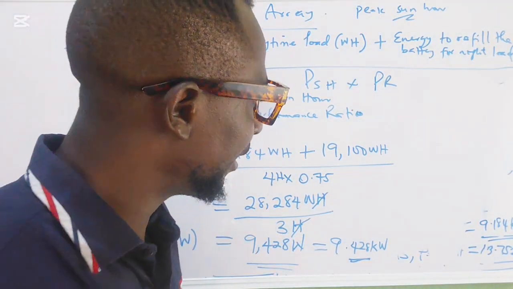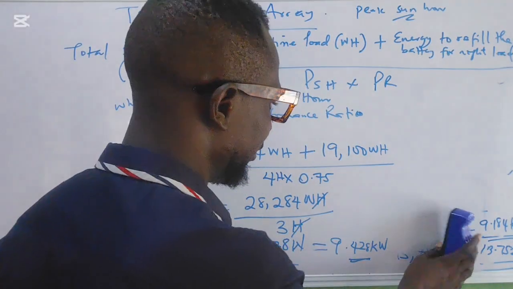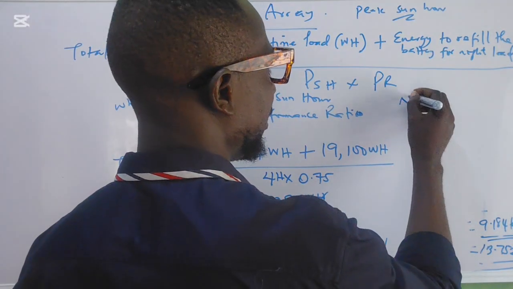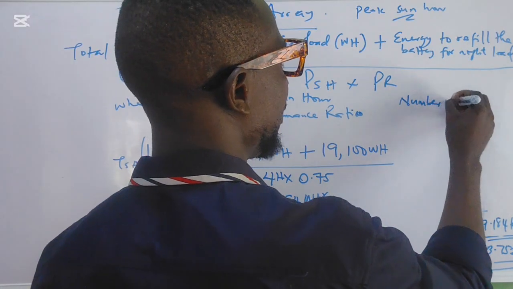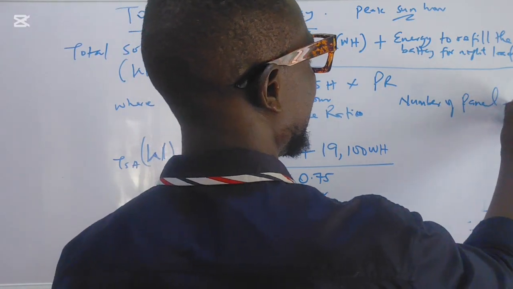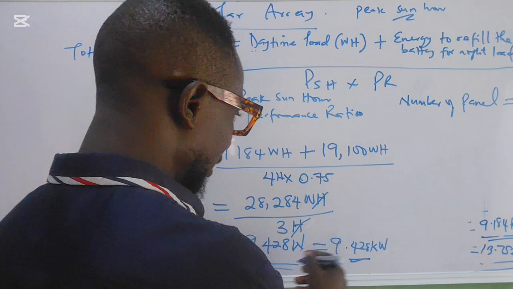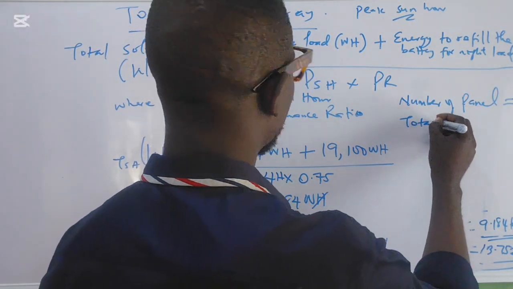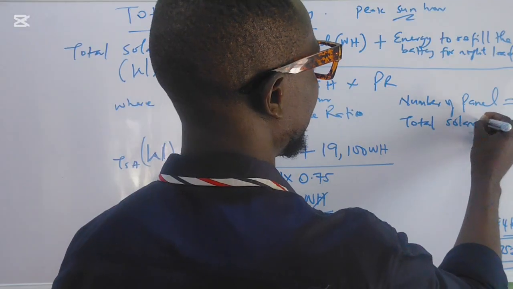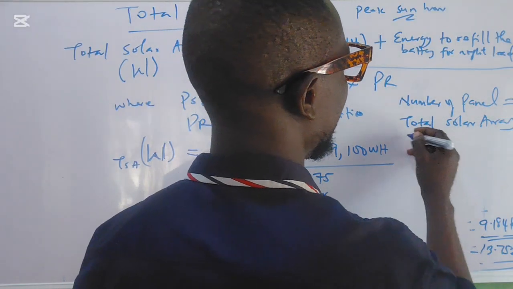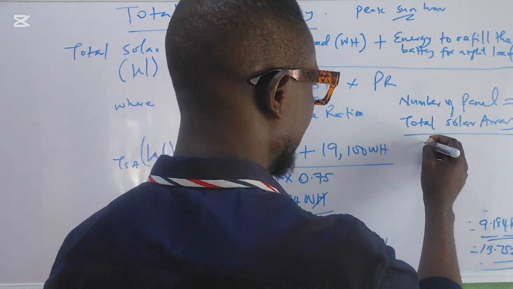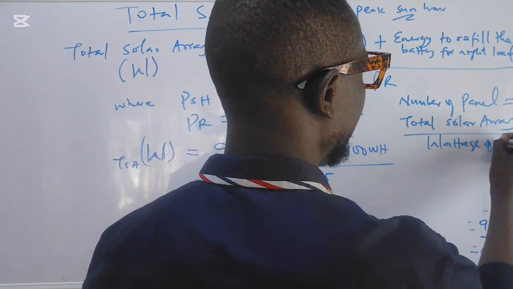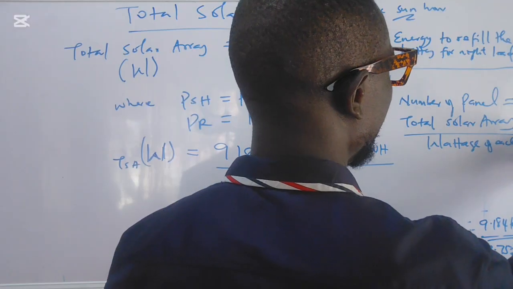You now consider what size of panel you intend using, to determine the number of panels. The number of panels is equal to the total solar array divided by the wattage of each of the panels.